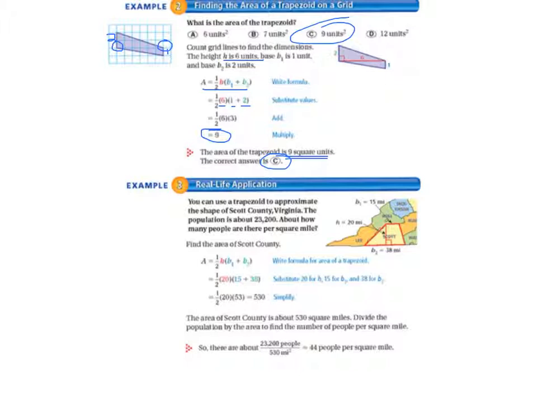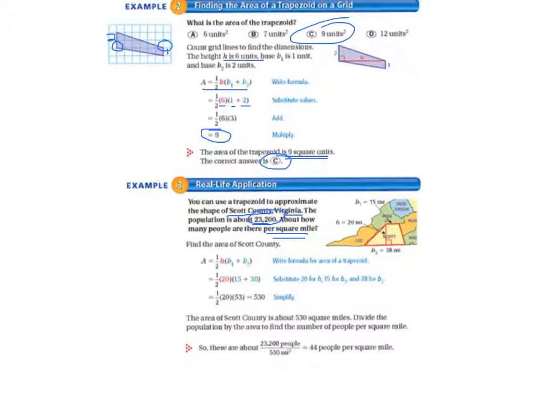A real-life application. You can use a trapezoid to approximate the shape of Scott County, Virginia. The population is about 23,200 people. About how many people are there per square mile? So we find the area of Scott County.